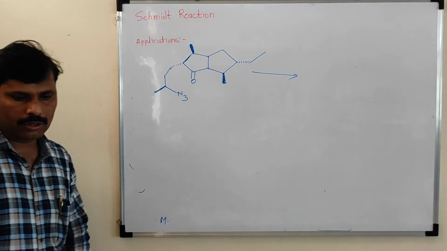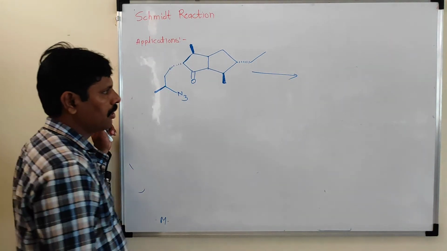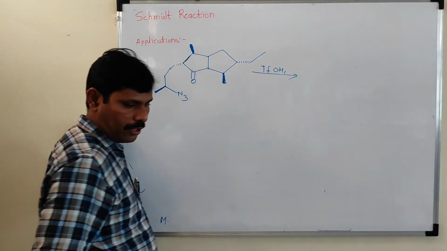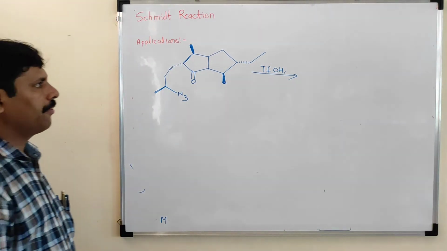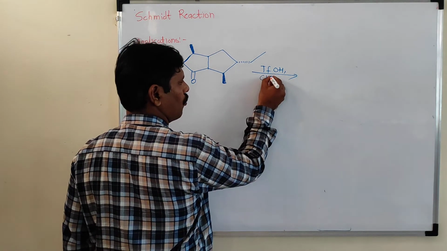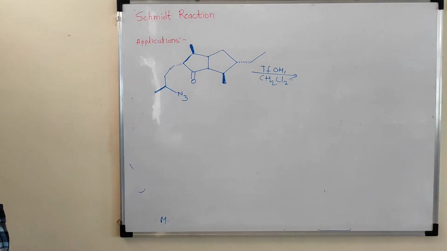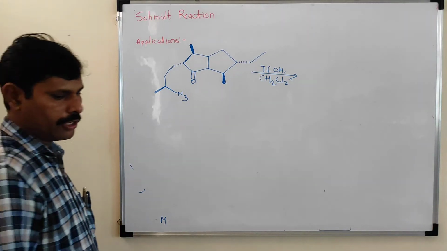if we carry out the reaction of that in presence of triflic acid and CH2Cl2, that one is the dichloromethane solvent, at 0 degrees Celsius.